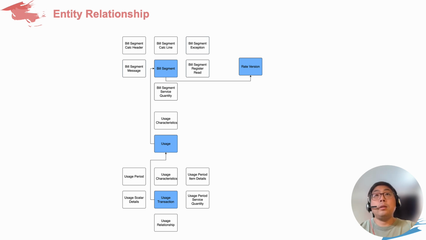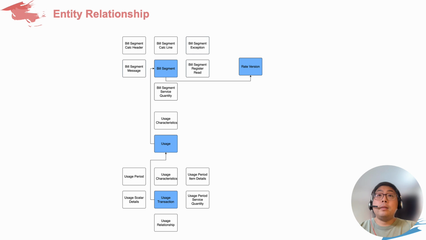Now, one thing we need to be aware of is that when the bill segment is generating error, we won't have all the information, for example, service quantity, calculation header, etc. Because at that point, usage is not calculated, and then the usage will be created, and the request information will be sent over with scalar and interval request details together with date break, for example.